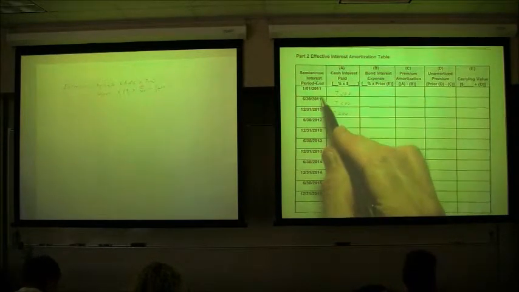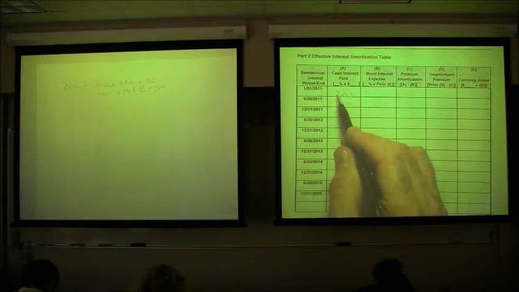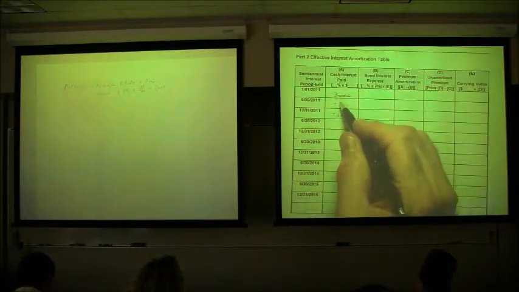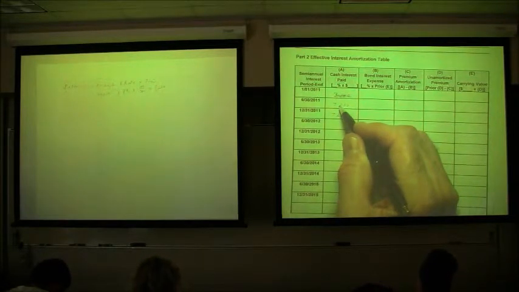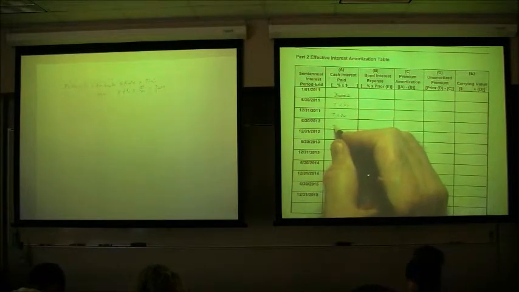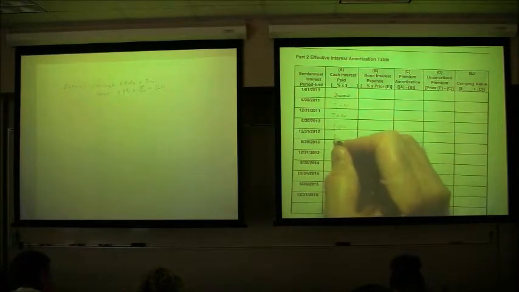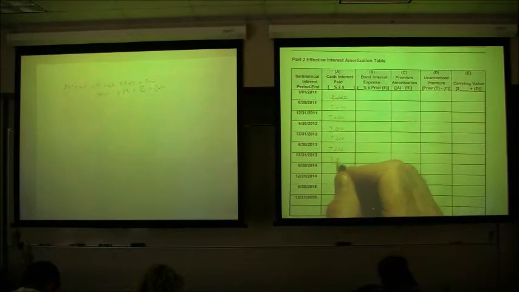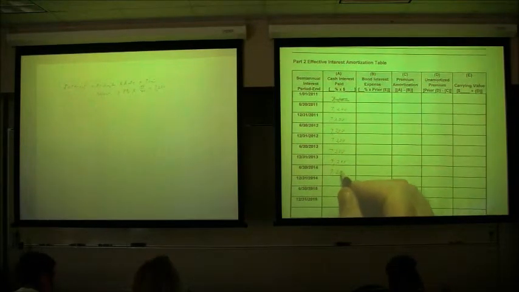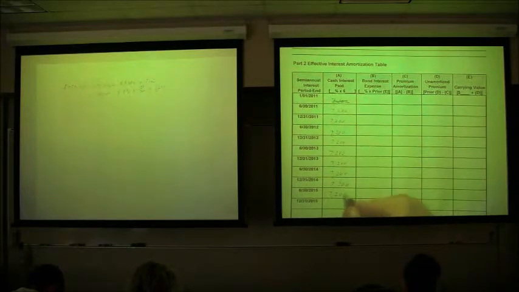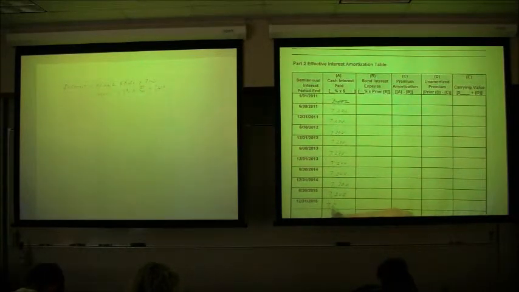After 6 months, which would be June 30th, they're going to send that payment. 6 months later, which would be December 31st, they're going to send an interest payment, and so on every 6 months. And then the last one goes out December 31st, 2015.